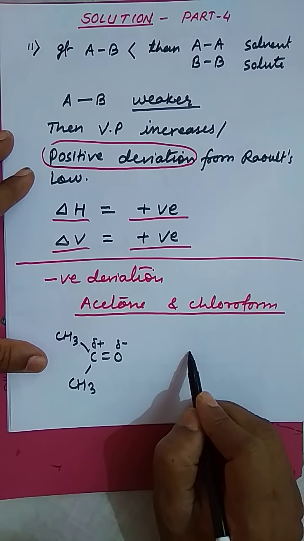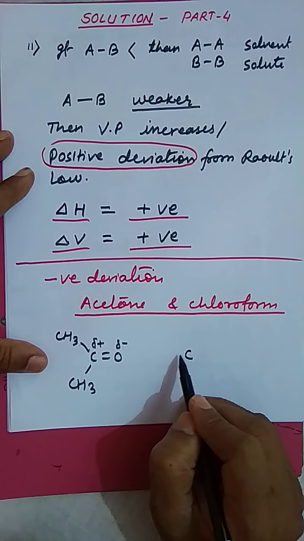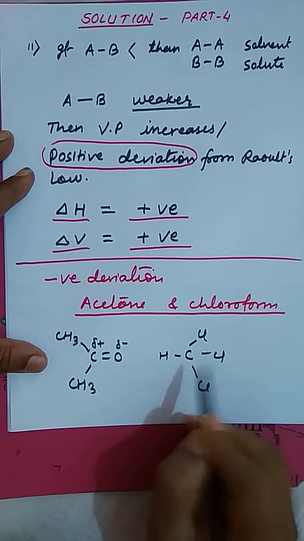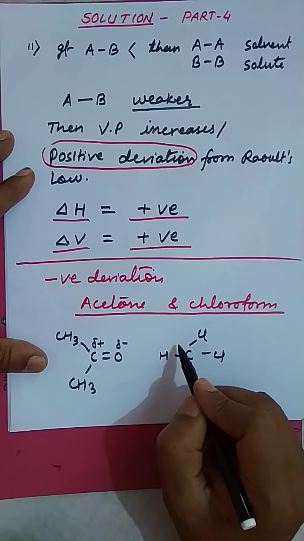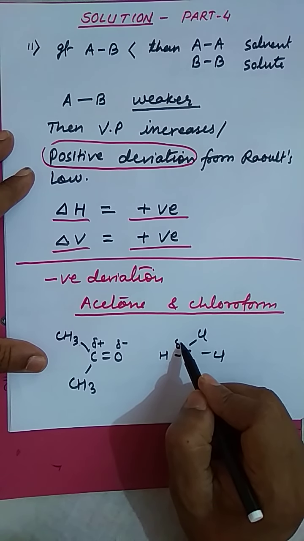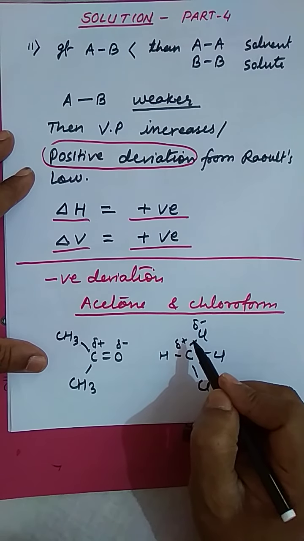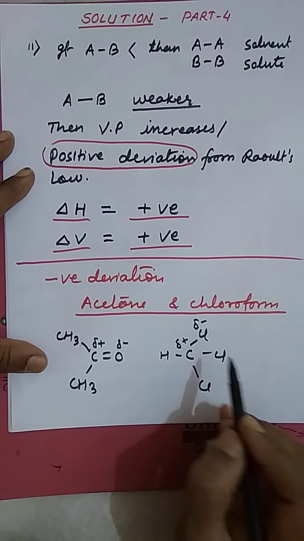And if we write here chloroform, CH, Cl and Cl, this is chloroform. In chloroform there is dipole interaction, this is delta minus and delta plus, right?